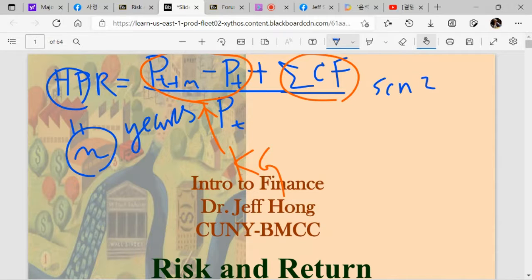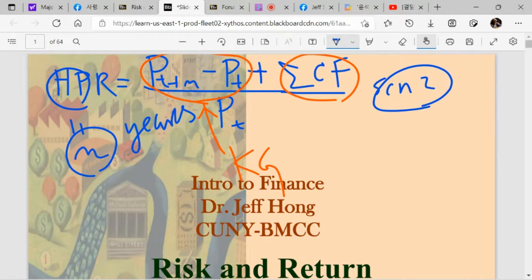Scenario 2 is the case where you sublet the house, so there will be a rental income. If you sublet the house, of course, there will be capital gains or capital loss, depending on how the house price has moved. And by subletting the house, you will get rents, right?